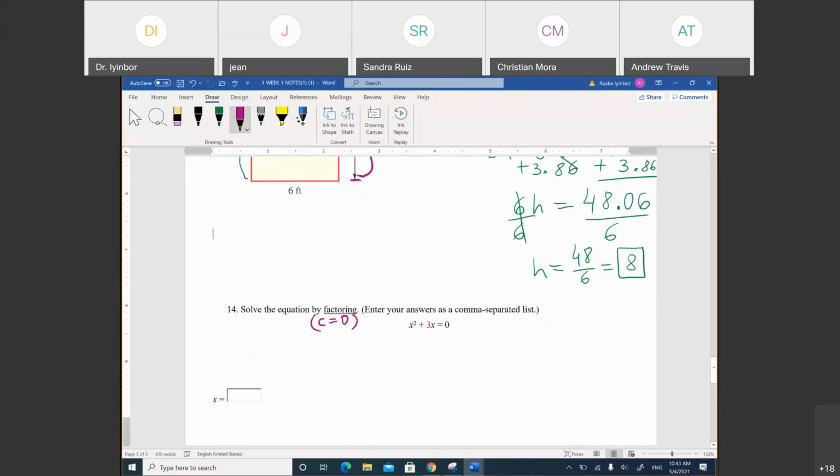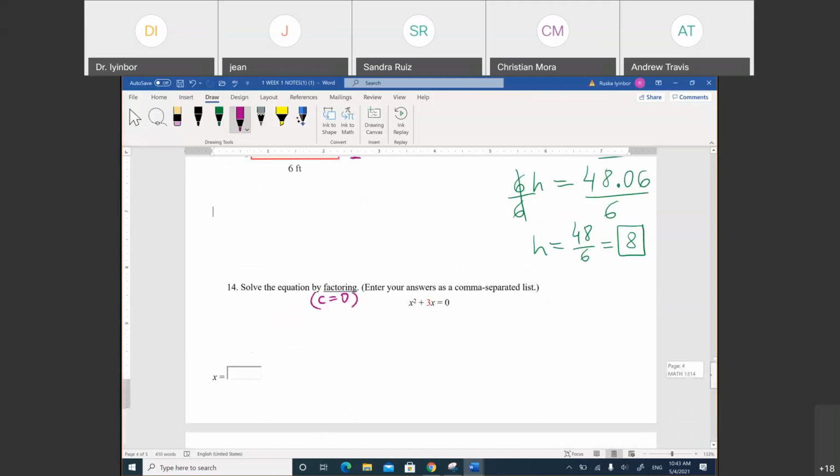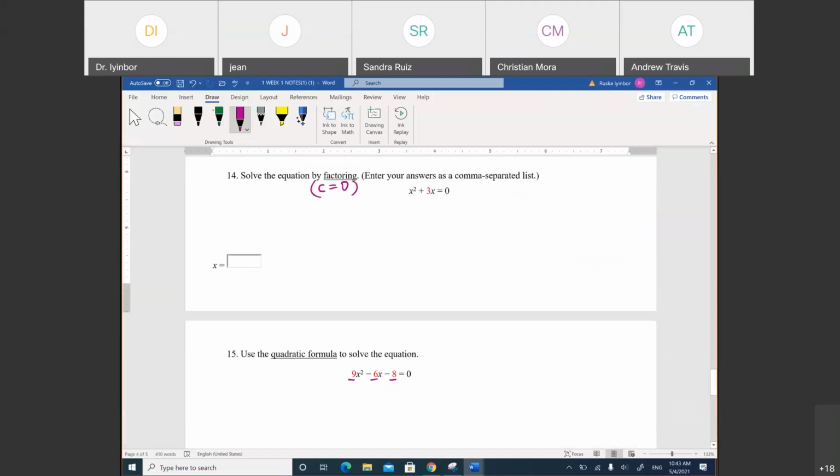So the first one is factoring. The factoring method is the opposite of FOIL, the opposite of distributing. This is how the method works. x squared technically means x times x, right? Plus 3 times x equals 0.